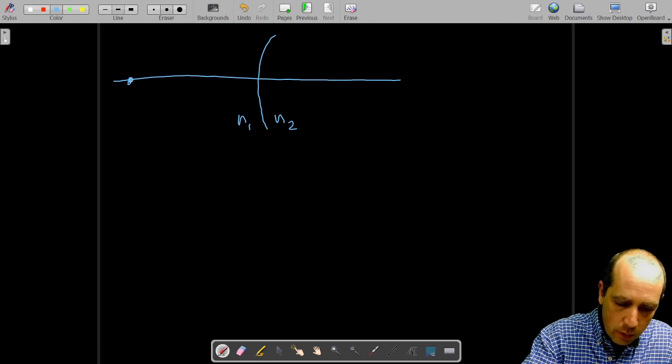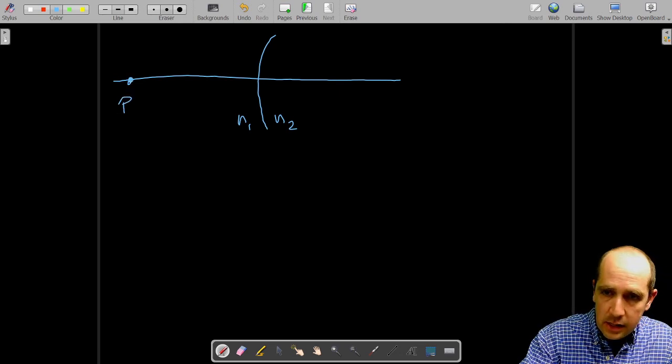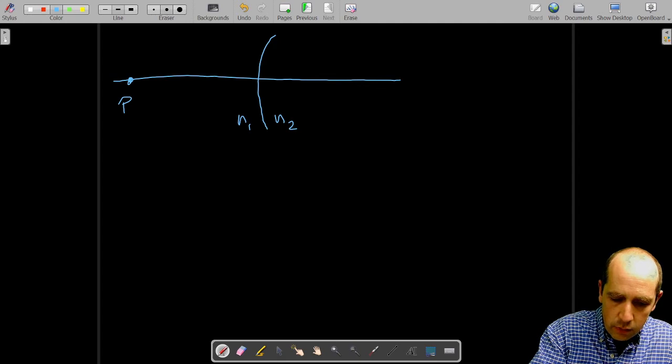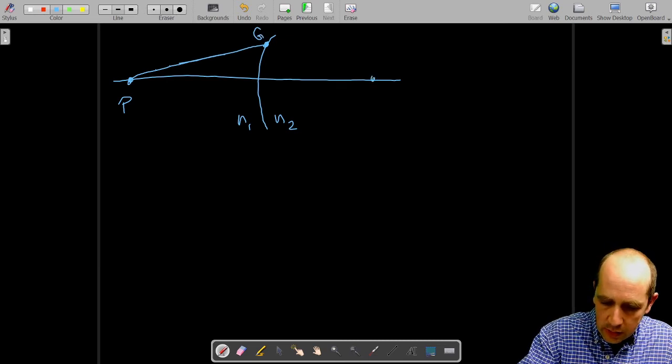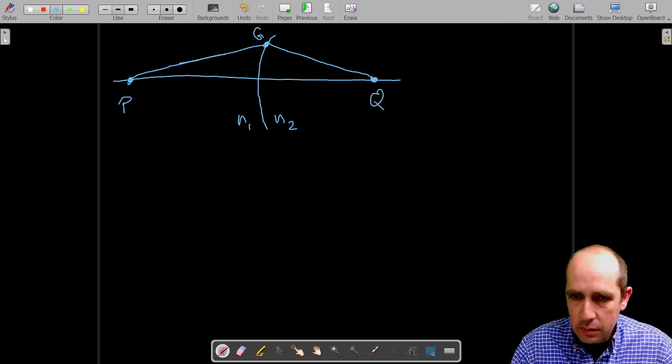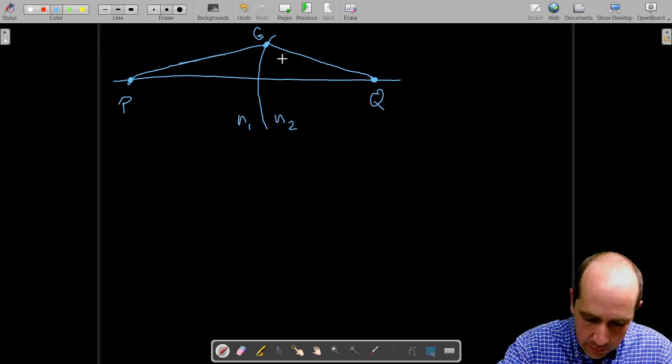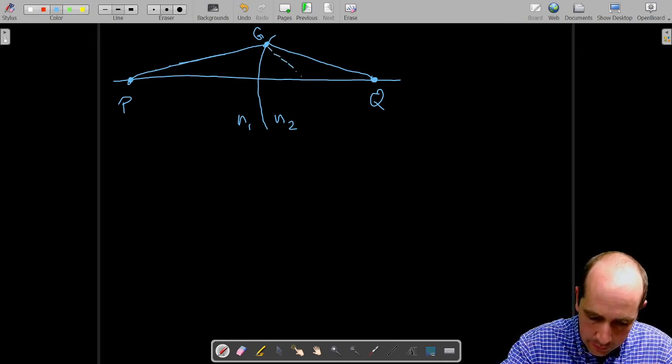Let's put the object here in position P. We have a ray that goes over here to point G, and we have Q, the image position, and R here, the radius.